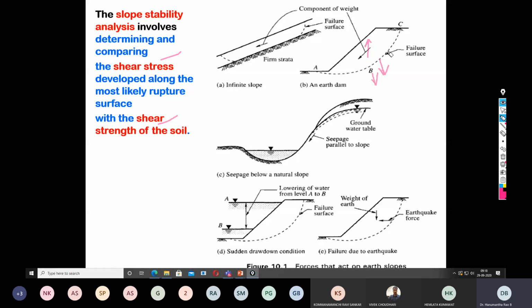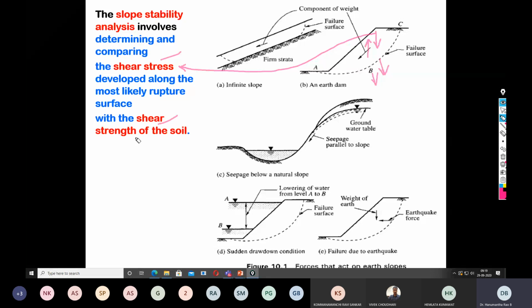The surface separating above and below is called a failure plane. The mass which is causing failure is called the shear stress mass, the mass which is causing shear stress in the soil mass.